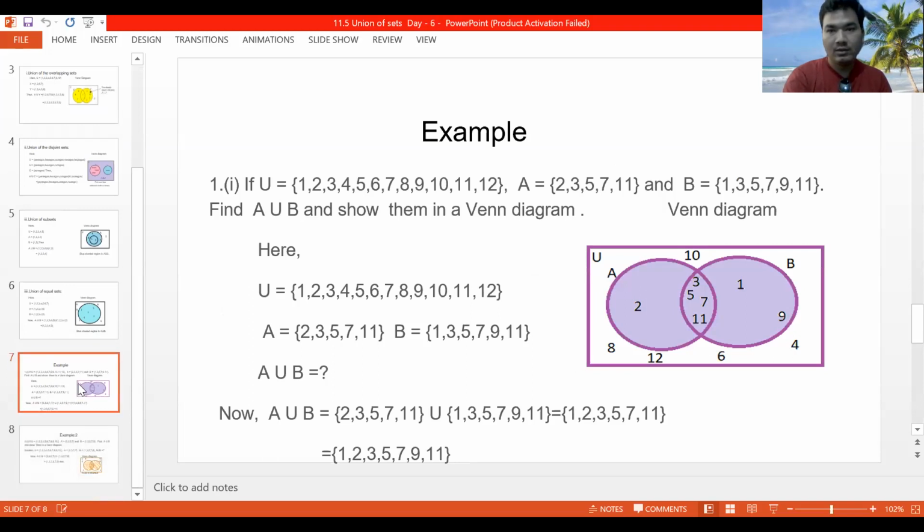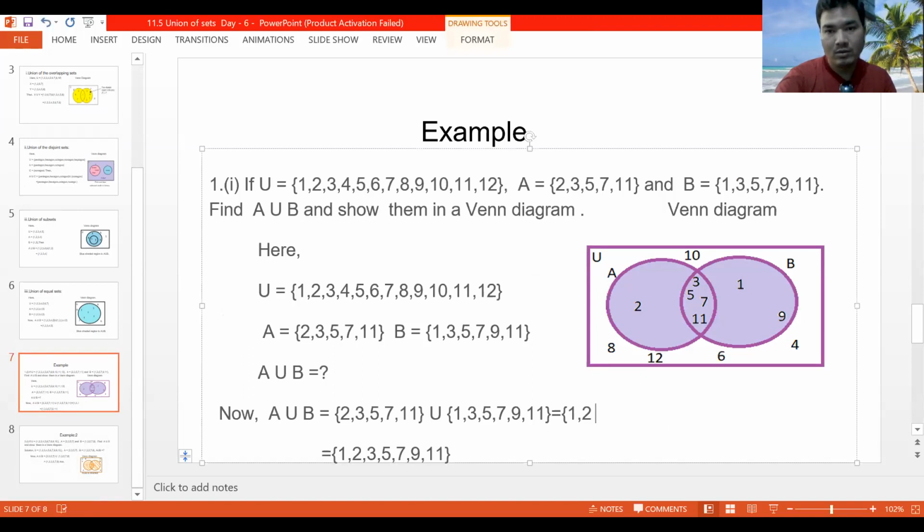This answer is already given below. When you find the union of 2, 3, 5, 7, 11 and 1, 3, 5, 7, 9, 11, it will come 1, 2, 3, 5, 7, 9, 11. These are the ways to find the union of two different subsets of the universal set.